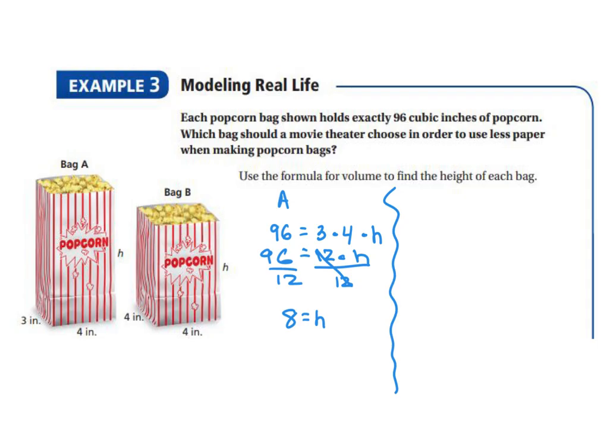Now let's find the height for bag B. Set it up exactly the same. 96 equals 4 times 4 times height. 96 equals 16 times h, because 4 times 4 is 16. And we divide both sides by 16. 96 divided by 16 is 6.